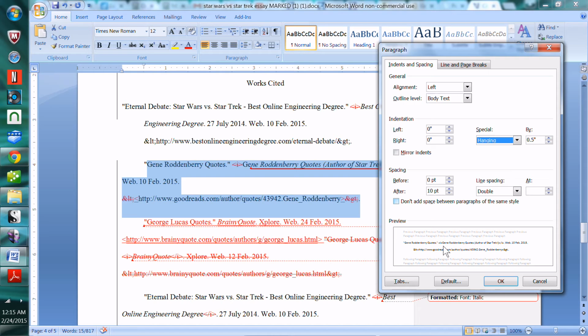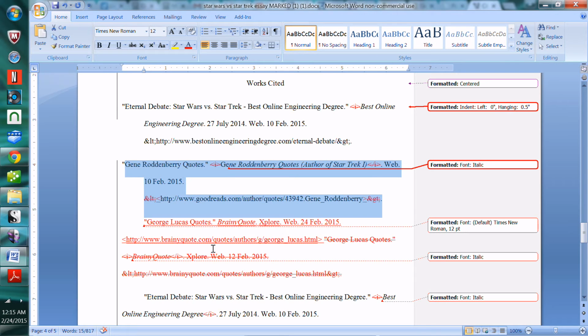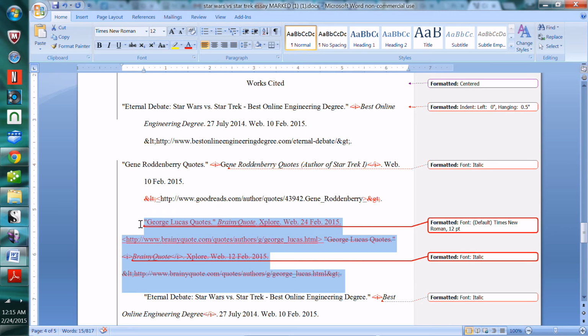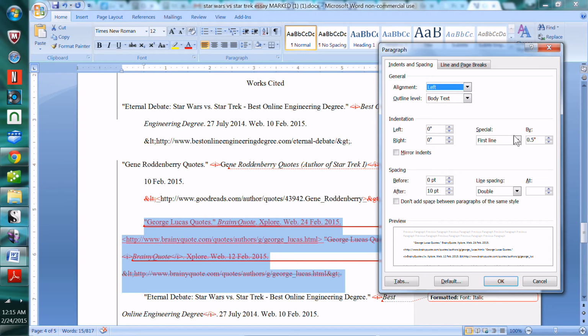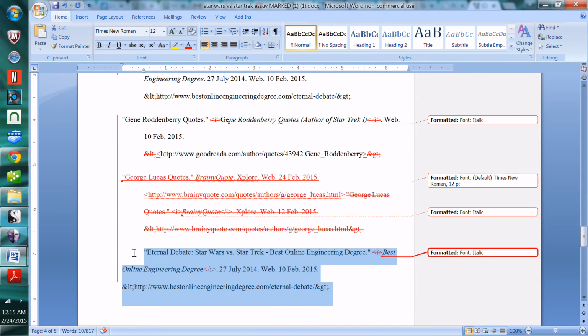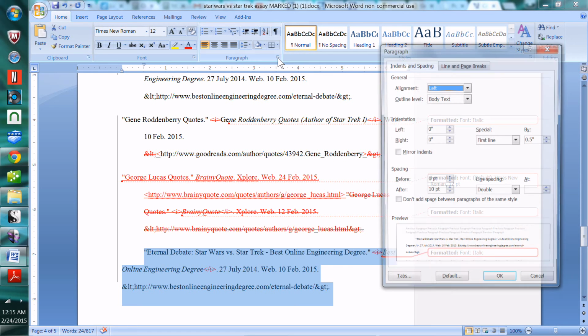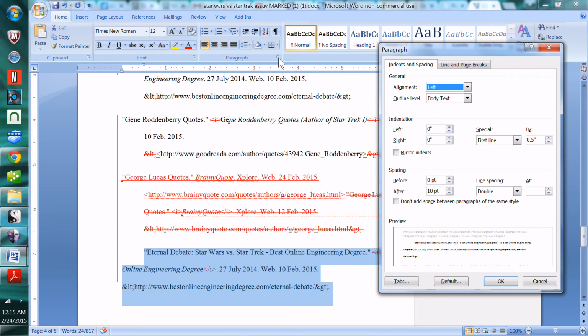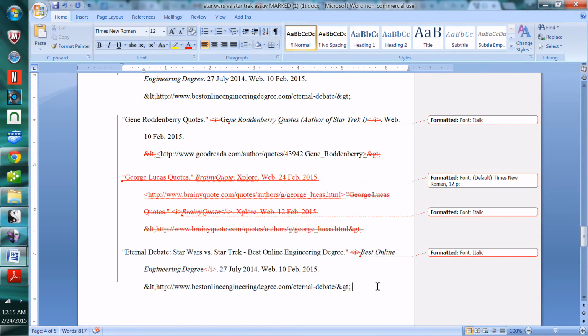Special, hanging, OK. There we have our hanging indent. Here we need this a hanging indent. Special, hanging, OK. Because you have this indented the opposite way. So I'm clicking this little bitty arrow here, hanging indent. OK. And then go ahead and fix these two. Put that back through the citation machine and make sure, but I think that that is programming language for these greater than and less than signs.